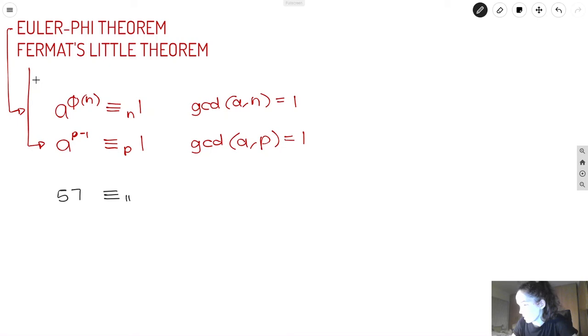Then phi of 11, since 11 is a prime, is going to be 10, so 57 to the power of 10 will be congruent to 1 mod 11. You can also take 97 as a, and n is equal to 12. We had phi of 12 is equal to 4, so 97 to the power of 4 is going to be congruent to 1 mod 12.